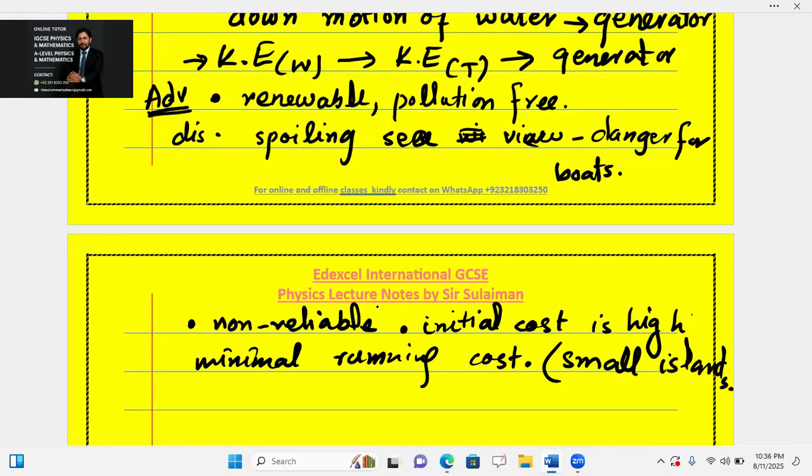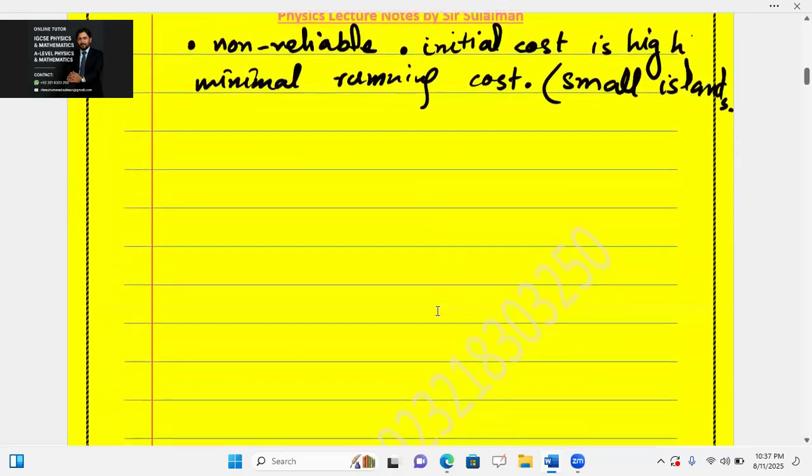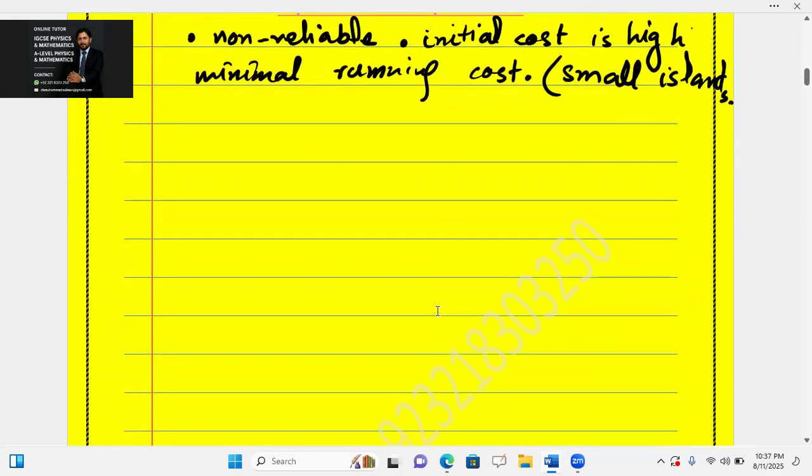So this was related to our solar and wave power a little bit. Now I will have to move towards hydroelectric power plants, how it is used for different purposes of electricity generation.